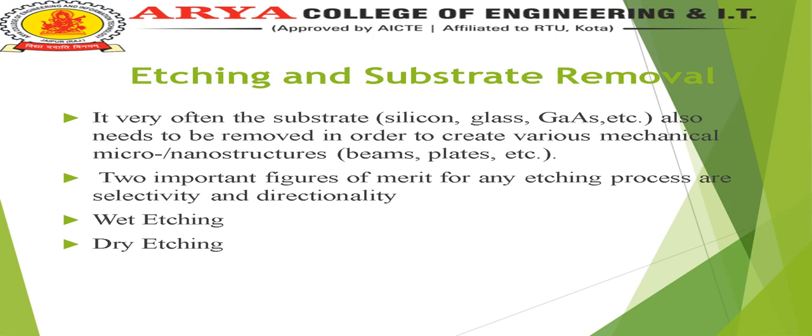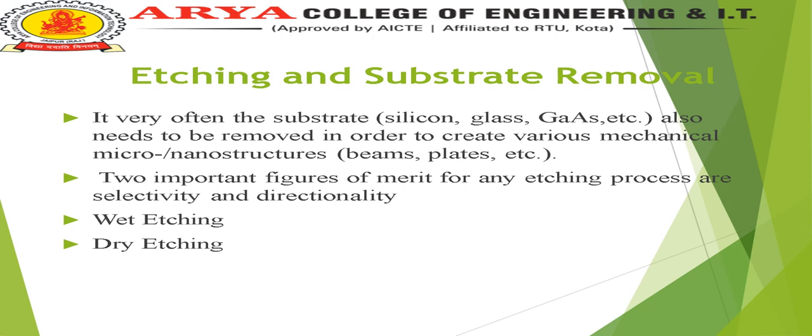Very often the substrate also needs to be removed in order to create mechanical and nanostructures. Two important figures of merit of any etching process are selectivity and directionality. These are the important things we are concerned about when we fabricate the wafer.